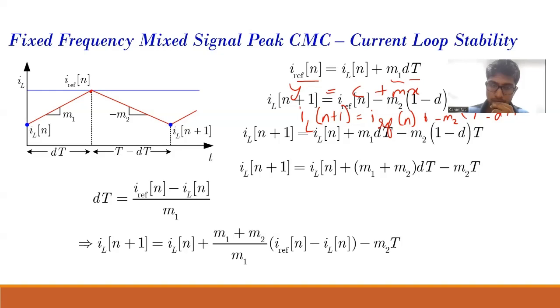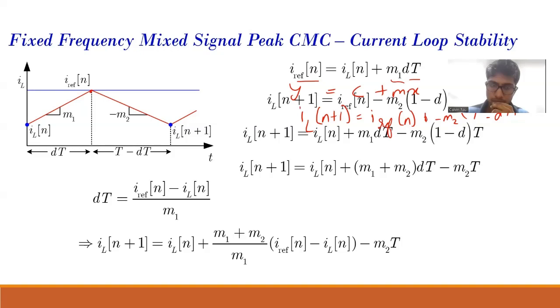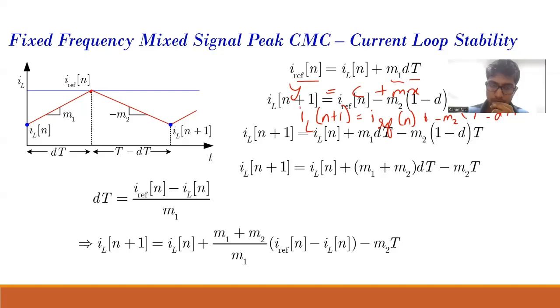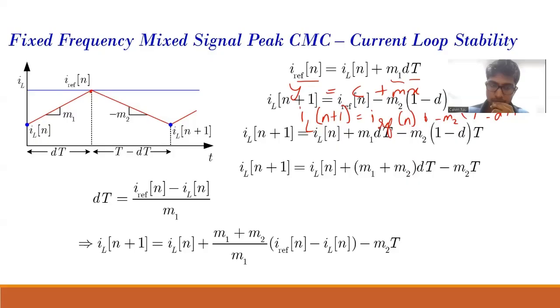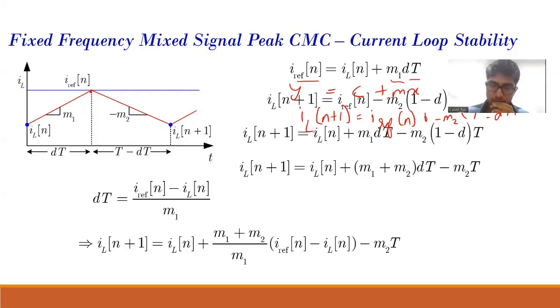Now, this is minus 1 comma 0, this is 1 comma 0, this is 0 comma 1, this is 0 comma minus 1. Any doubts in this context of the unit circle? No. So my pole is located at minus of M2 upon M1.